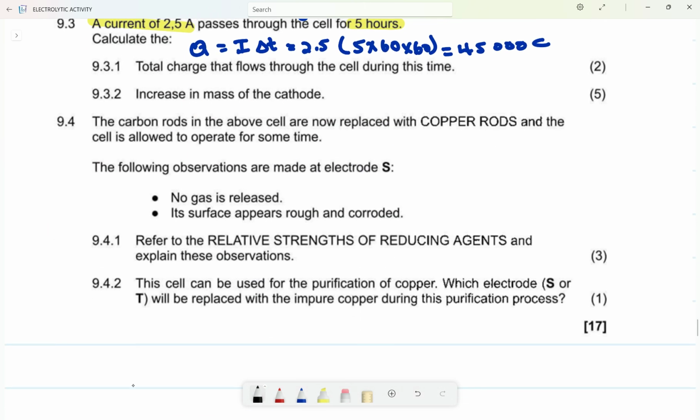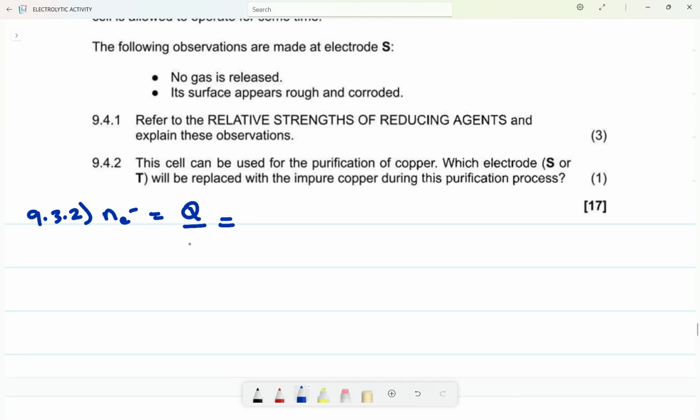How can I do that? It means I will need to say, this is me answering 9.3.2. I need the number of electrons. Number of electrons is equal to Q divided by E, and then Q is 45,000 as we have seen.